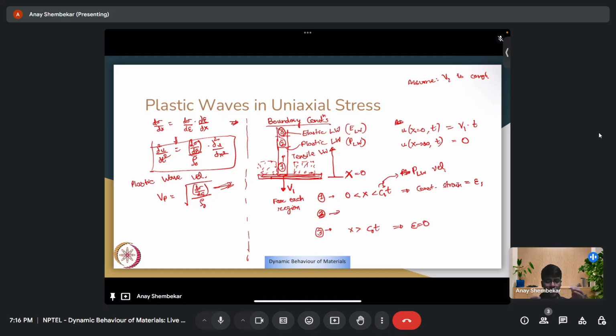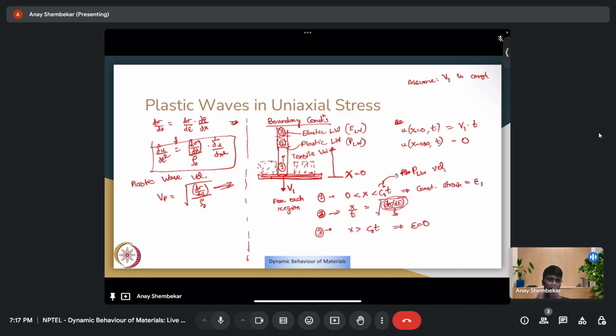The exact value for a particular strain depends on the relation between location and time, given by the plastic wavefront velocity, the square root of d sigma by d epsilon upon rho naught. So for each point in region 2, you could have different sections with different epsilon values, for which you calculate d sigma by d epsilon and then rho naught.